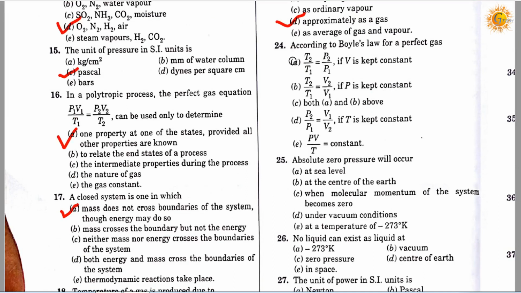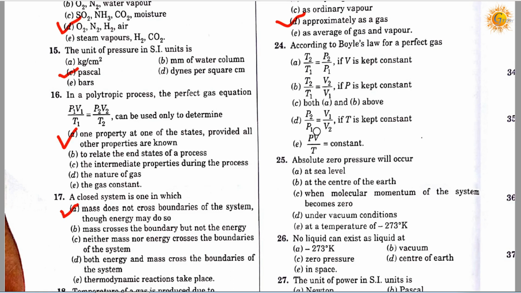Question number 24. According to Boyle's law for a perfect gas, option A: T2 divided by T1 is equal to P2 divided by P1 if V is kept constant. Option B: T2 divided by T1 is equal to V2 divided by V1 if P is kept constant. Option C: both A and B above.